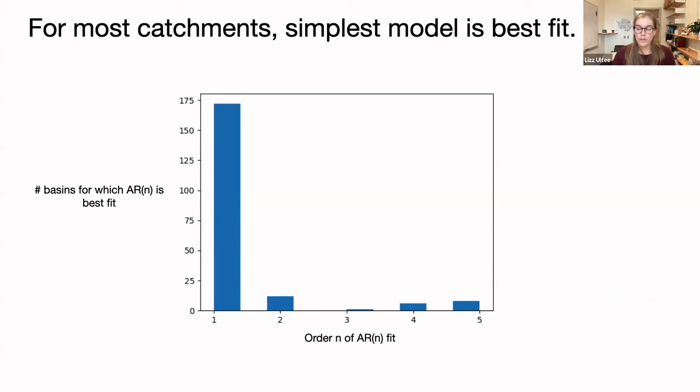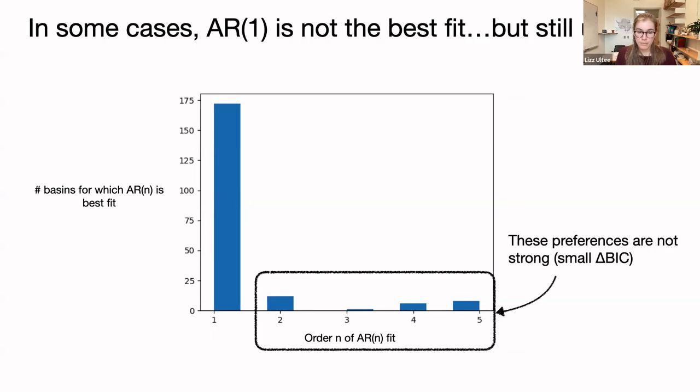There are a few catchments where slightly higher order, more complicated autoregressive models would be better, but those preferences are not strong. The difference in Bayesian information criterion between these higher order autoregressive fits and lower order autoregressive fits is much weaker than between simple autoregressive and more complicated types of temporal model.